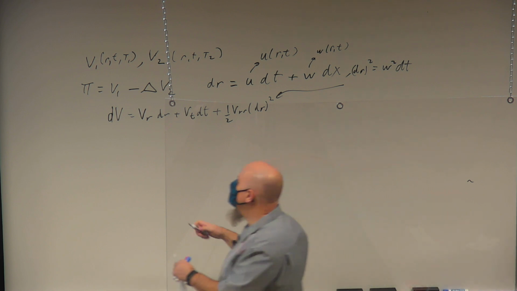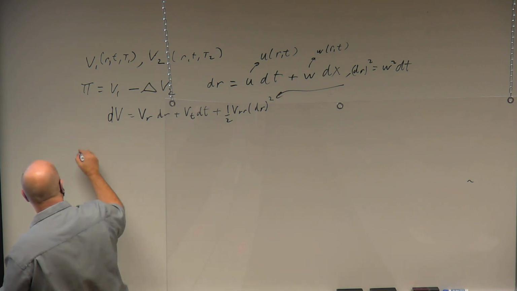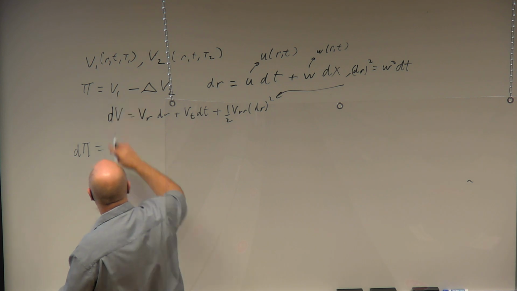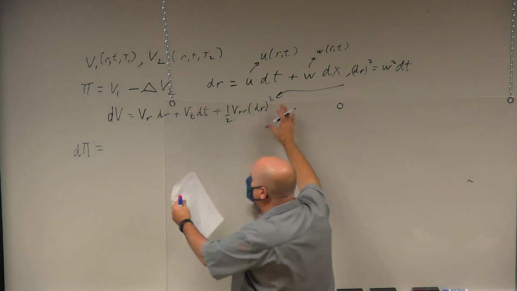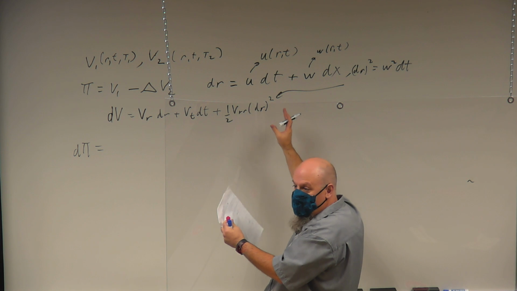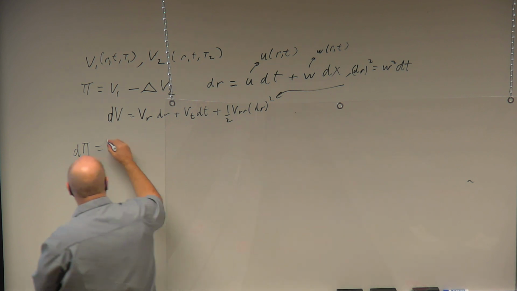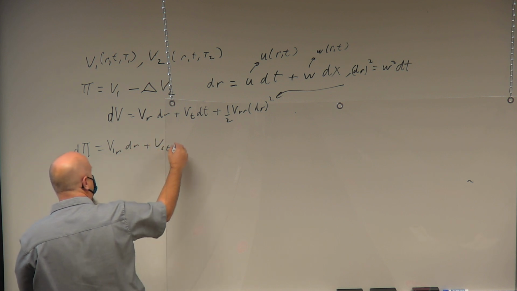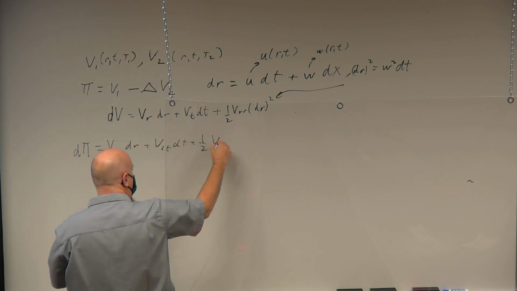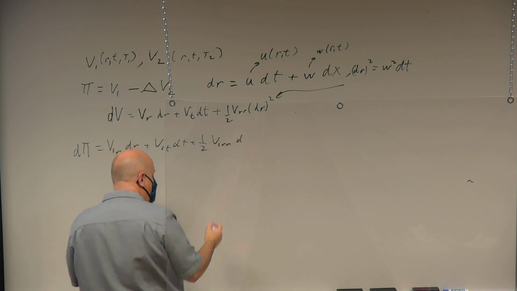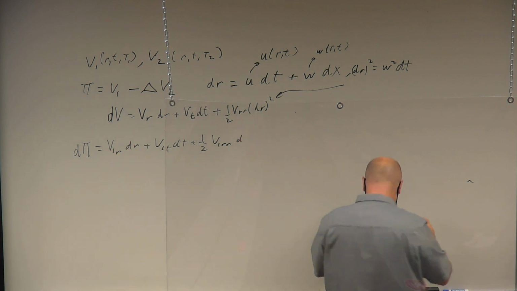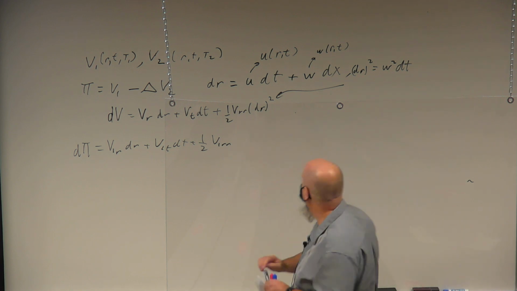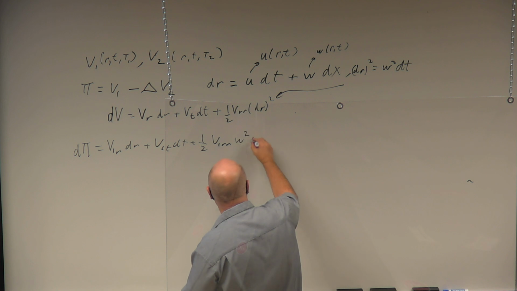So if I'm writing down my portfolio here, and I want to think about the change in my portfolio, that's going to be dV1. That's just me rewriting this whole thing, but the bonds are specifically bond number 1. So that's going to be v1r dr plus v1t dt plus 1/2 v1rr, and I'm going to write in the dr squared. We know what dr squared is: w squared dt.